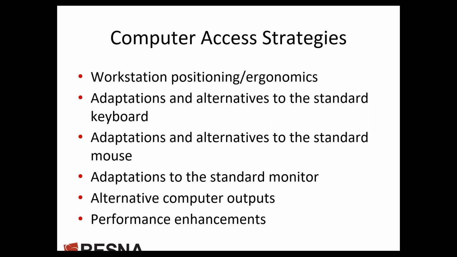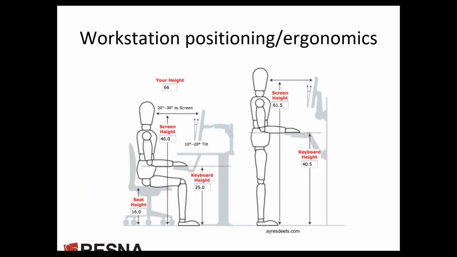All right, so we're going to look at a lot of these different computer access strategies individually here. So the first is workstation positioning and ergonomics. Okay, so here you see two examples of workstations. So the one on the left has two height adjustment surfaces and a mount for the monitor.